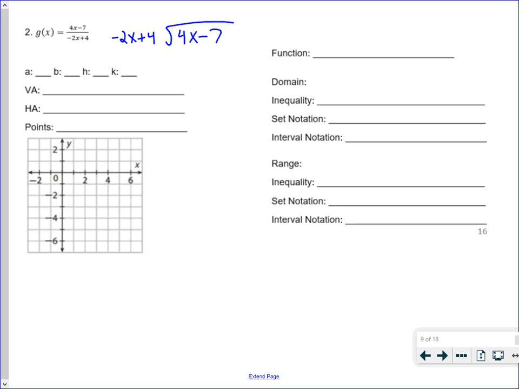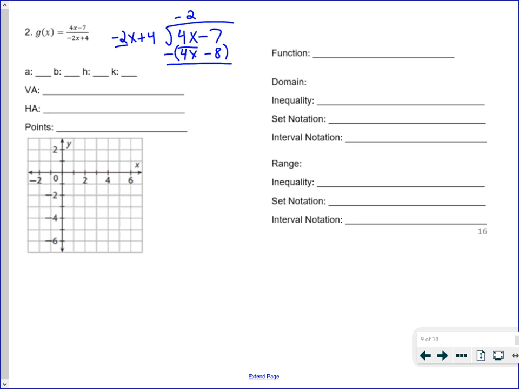We're going to see how many times -2x goes into 4x, or in other words, -2x times what gives you 4x. In this case, it's -2. -2 times -2x plus 4 gives us a positive 4x minus 8.